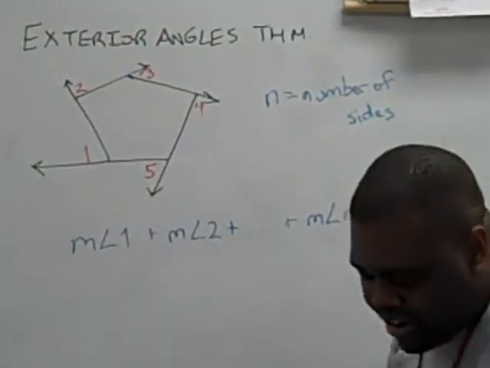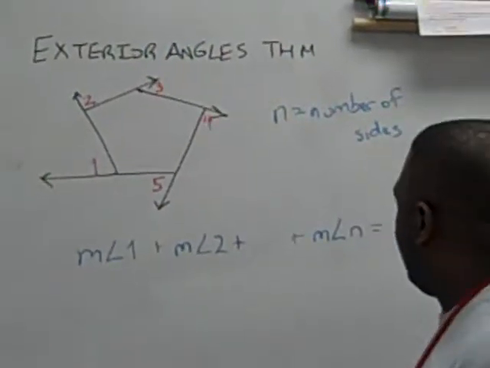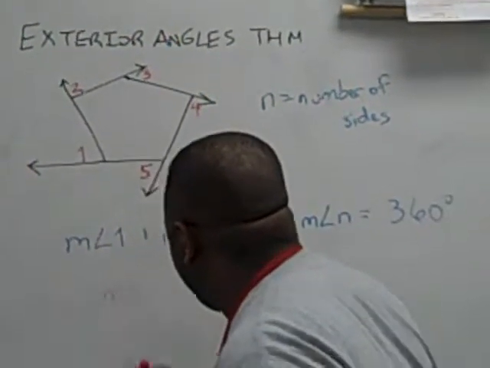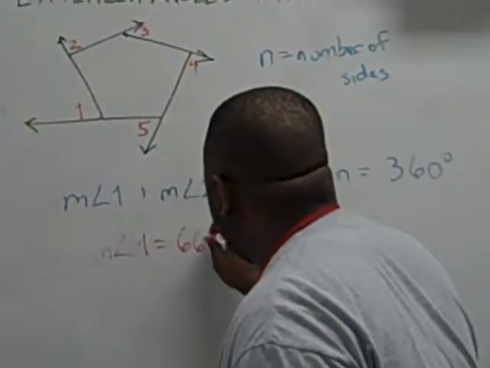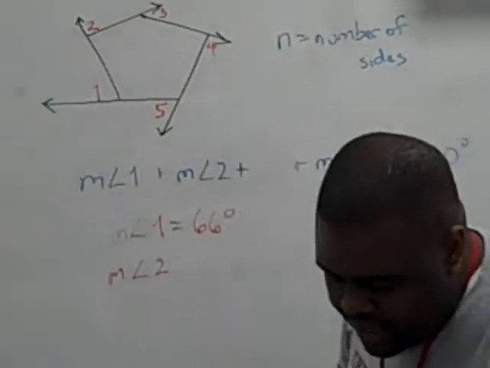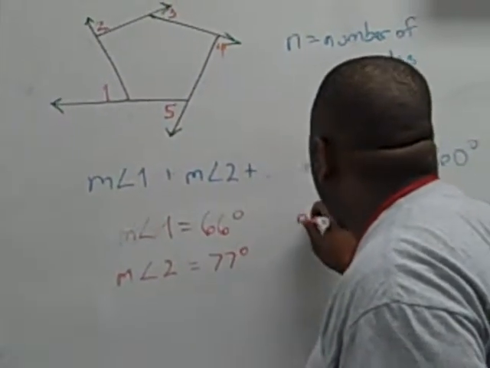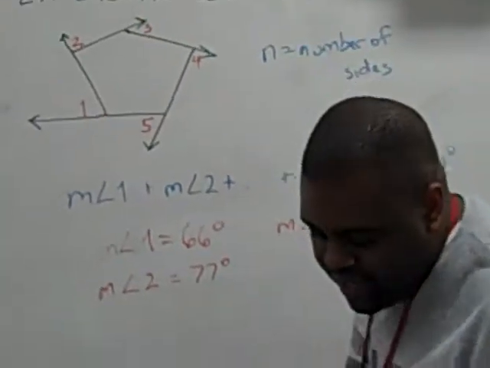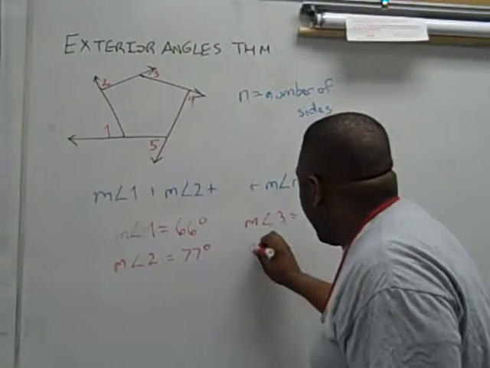And let's talk about what the angles are. So let's say that angle 1 is 66 degrees. We'll say angle 2 is 77. Angle 3 is 82 degrees.